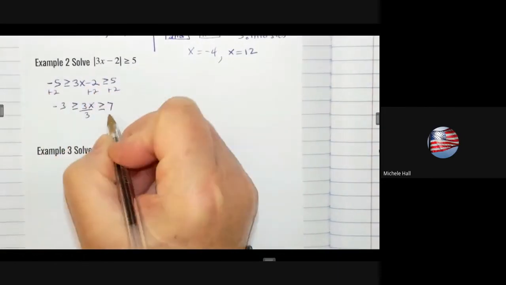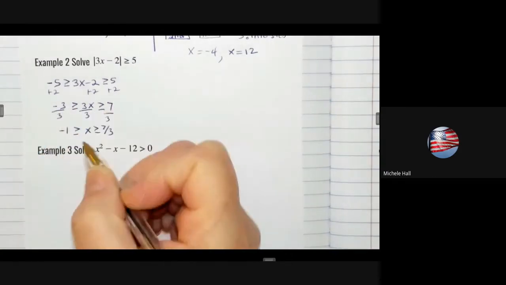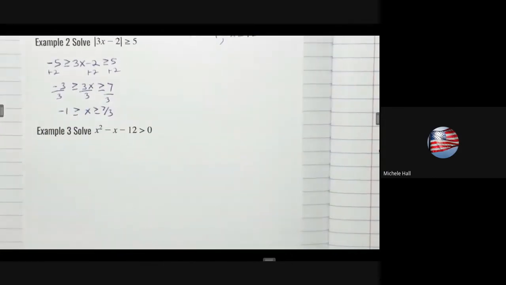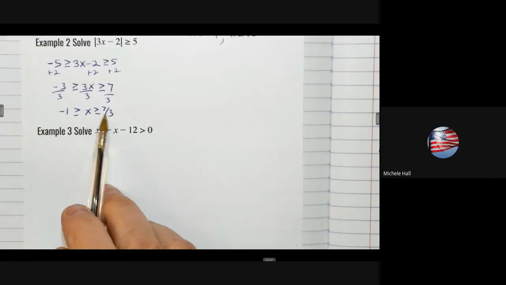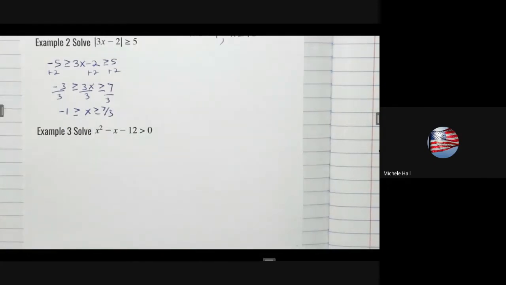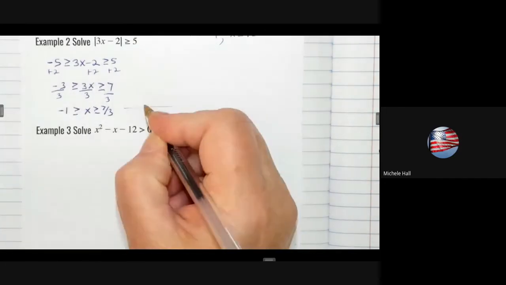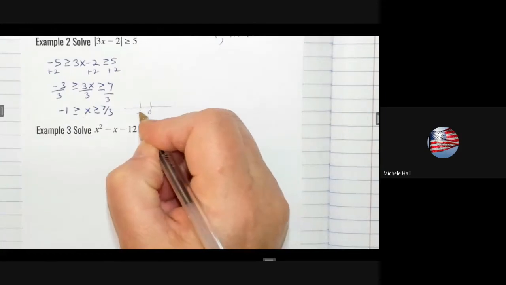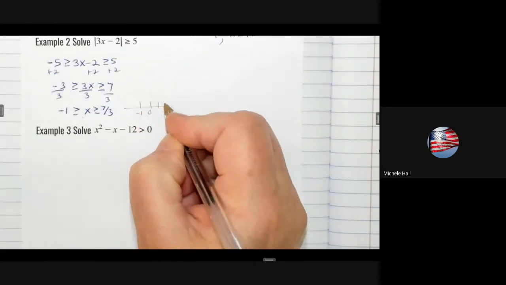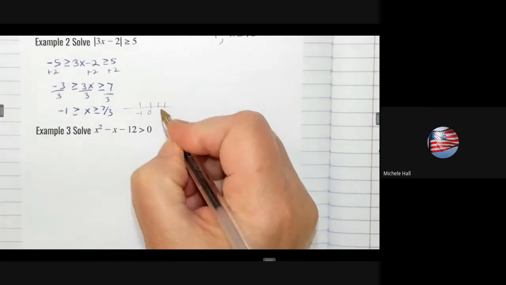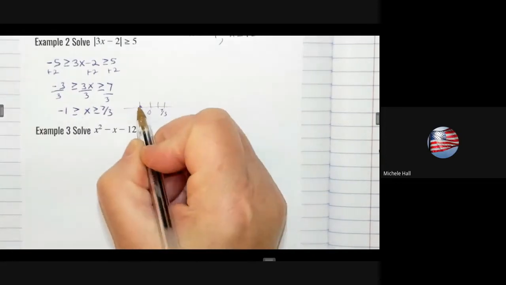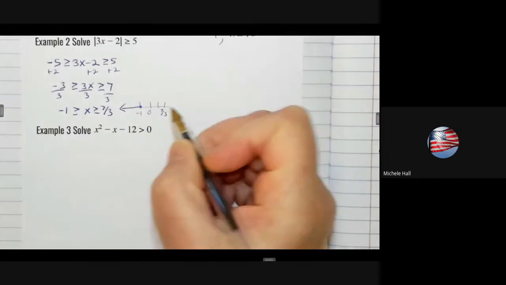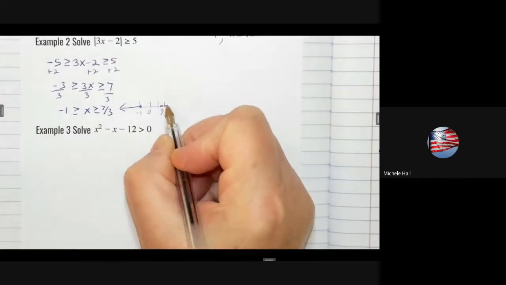Divide by 3. Interval notation says that x is less than or equal to -1 and greater than or equal to 7/3.